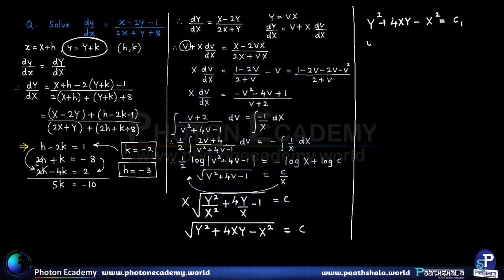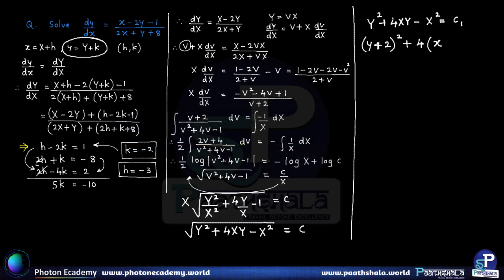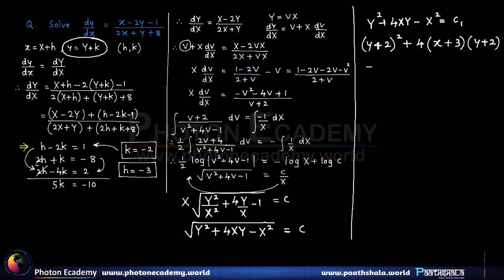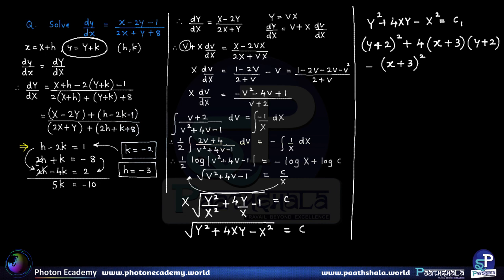So therefore capital Y is ultimately equal to (y plus 2) the whole square plus 4 into, now same for x, we will have capital X as small x plus 3, into y is once again small y plus 2, and the last term is minus (x plus 3) the whole square is equal to c1, right?